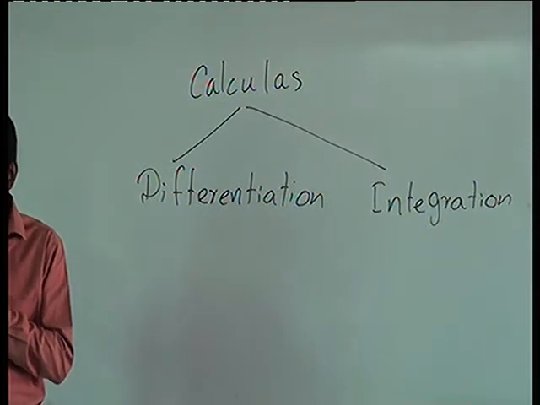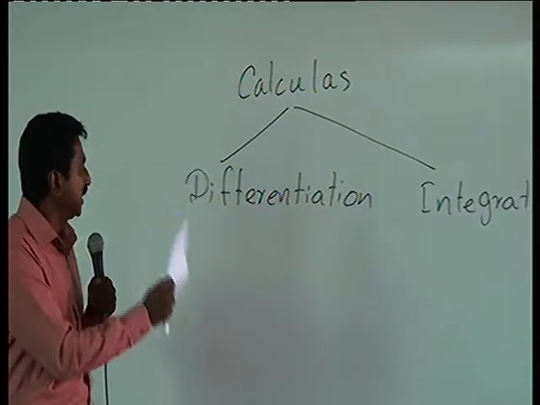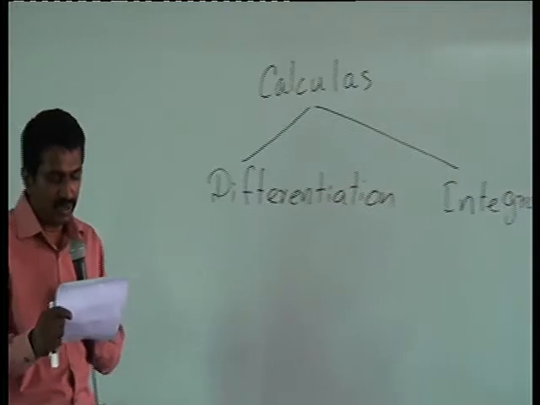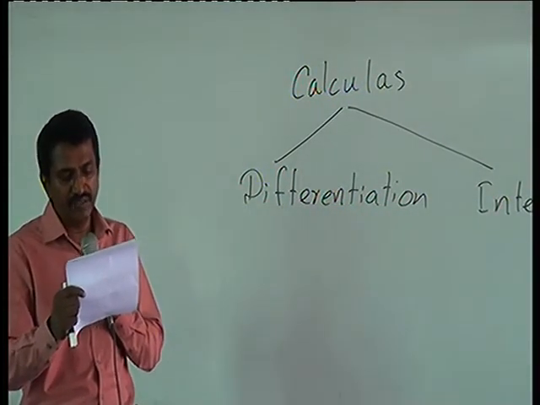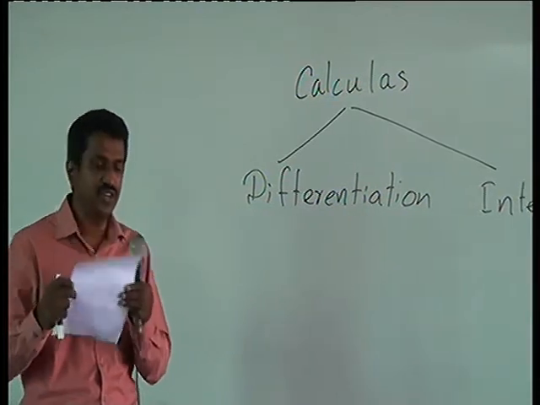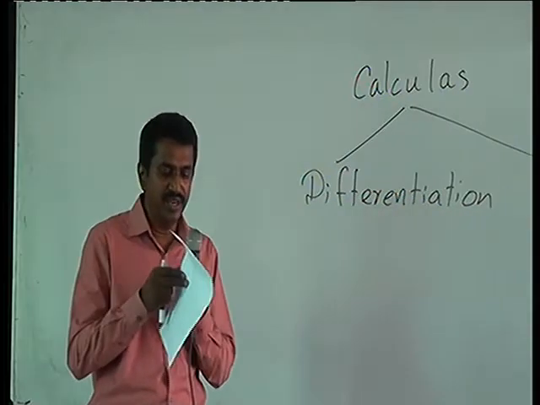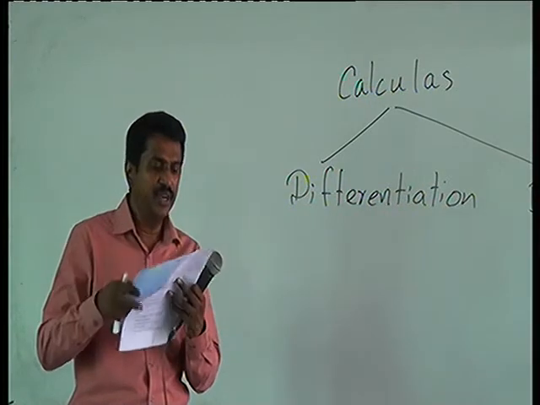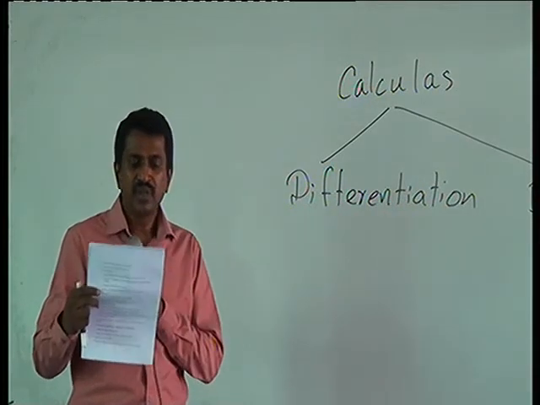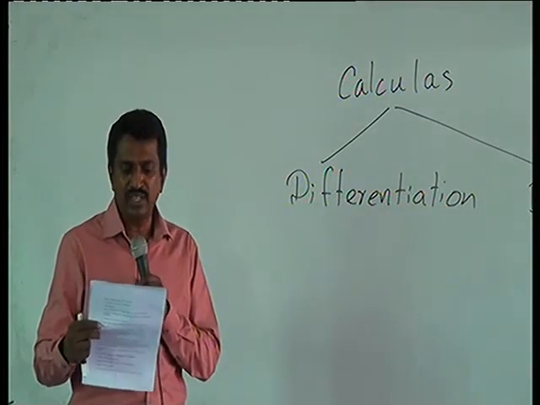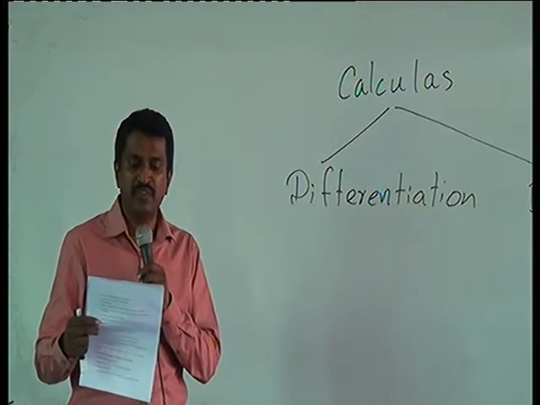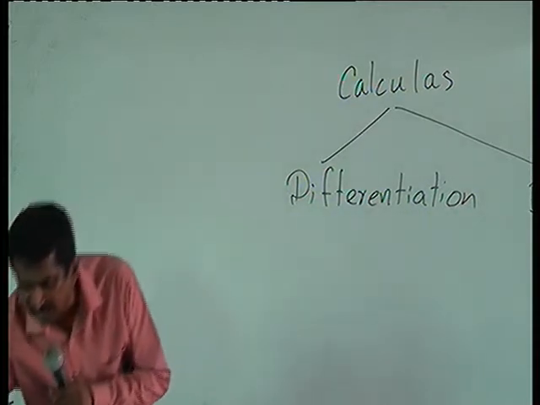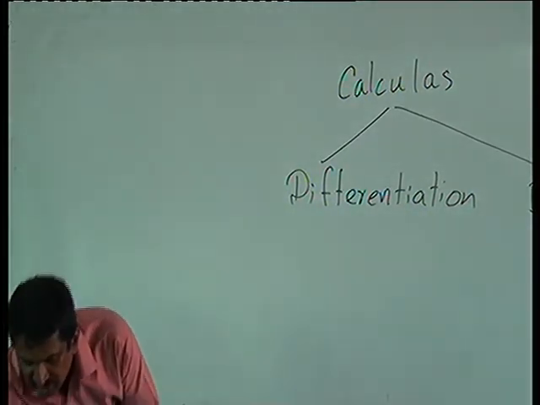Then we need to study the application part of this concept, that is, marginal cost and marginal revenue using differentiation. And the second one, under integration, we have to learn total cost and total revenue using the integration, profit maximization and profit minimization. So we are learning this topic under these three sections.